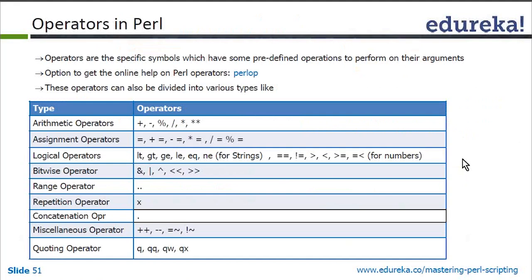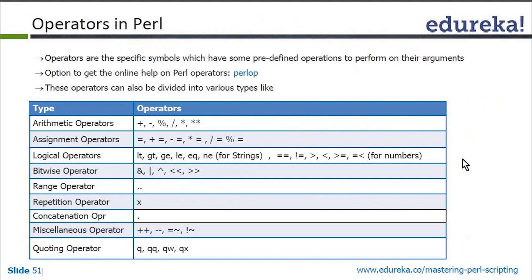The next slide is operators in Perl. Perl also has very rich operators, which are very similar to C or C++. There are some minor differences. What are they? Operators are specific symbols which have some predefined operations to perform on their arguments.